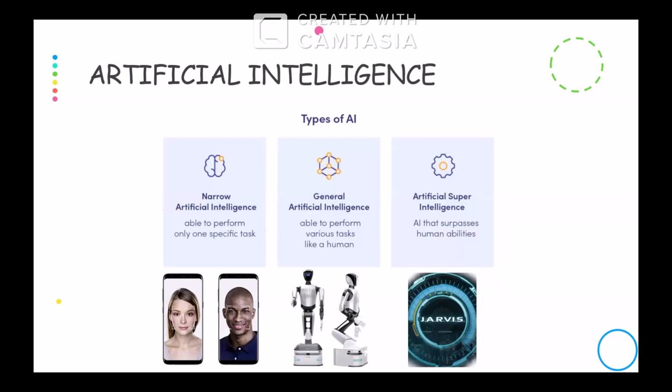The face recognition system, the next word prediction systems in our mobile, all these things are examples of what? Artificial narrow intelligence. And when it comes to general intelligence, a single unit itself is capable of performing various tasks like a human. And the artificial super intelligence is the intelligent systems that surpass the human ability.